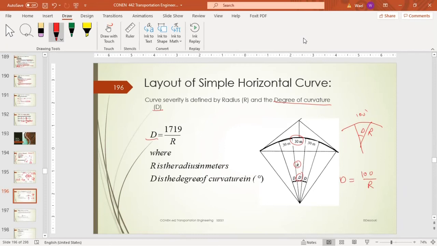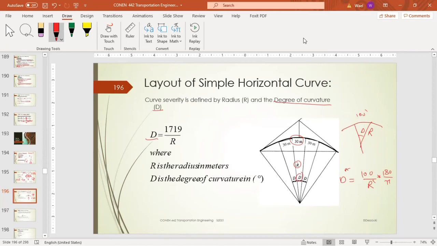Also, here R should be in feet, and we convert this value into degrees. This way, you get D in radians. So if we want to get it in degrees, we must multiply it by 180 divided by pi.